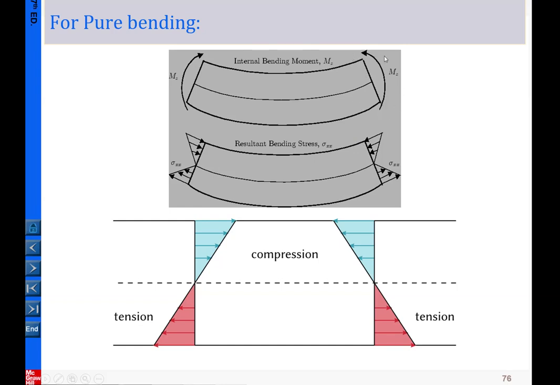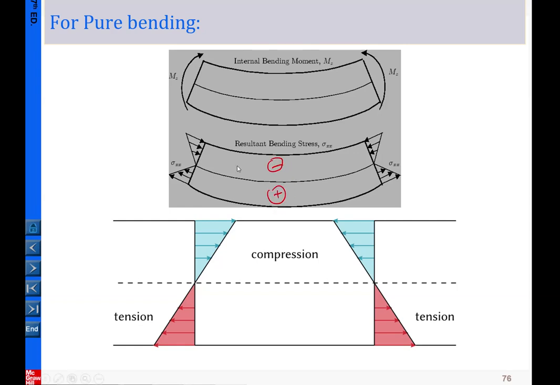So far we've emphasized one side of the cross section, but here let's zoom out to see the whole free body diagram and the distribution on the two sides. Because this is pure bending, the distribution of the bending stress should be symmetric, the same on both sides. The top portion is in compression, and the lower portion is in tension.